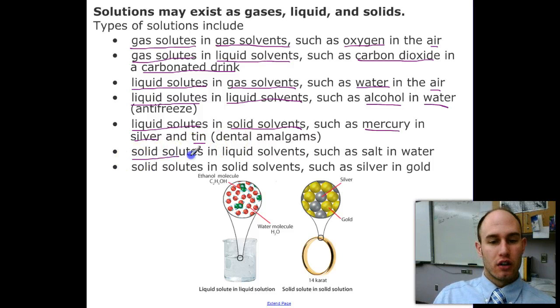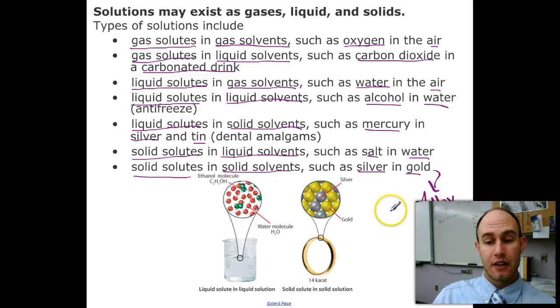And then solid solutes in a liquid solvent, which is salt in water. Solid solute in a solid solvent, such as silver and gold, is more specifically known as an alloy. When we dissolve one metal in another metal, we melt them down and put them together, as an example with your ring.